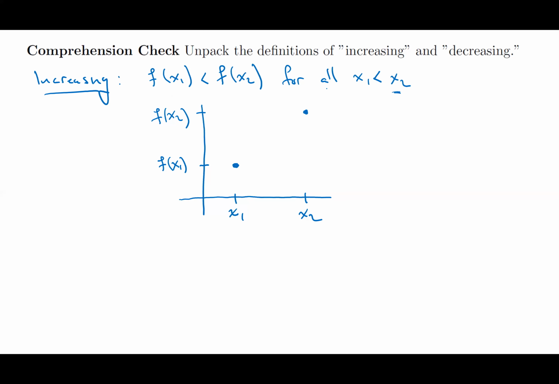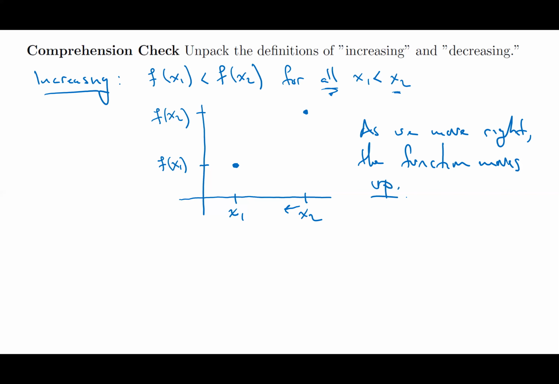But notice what it says here: for all. What that means is I can move this x2 ever closer and closer to x1, and as I do that, I still have a larger function value when my x coordinate is on the right. So in other words, as we move right, the function moves up, okay?